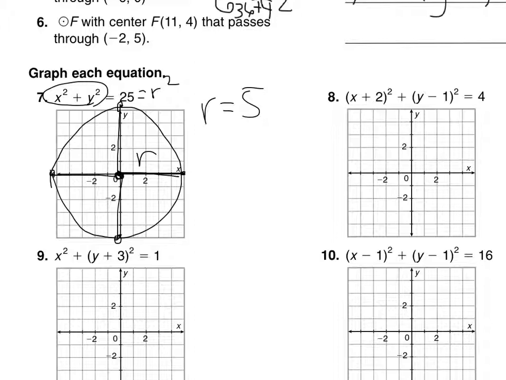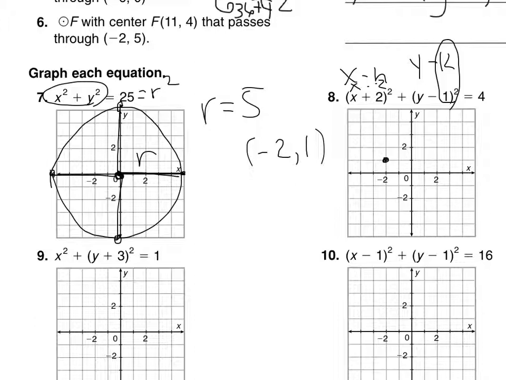And then I know I did it correctly. Okay, over here, remember this is x minus h. So if this is x plus 2, then h must be negative 2. Same story over here. This is y minus k, so that must mean k is 1. So the center of this is at negative 2, 1.